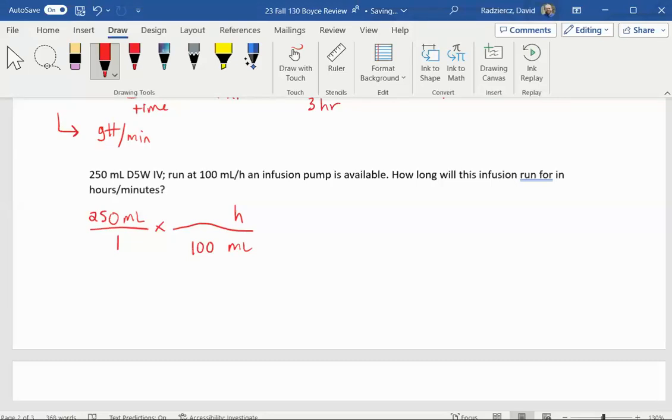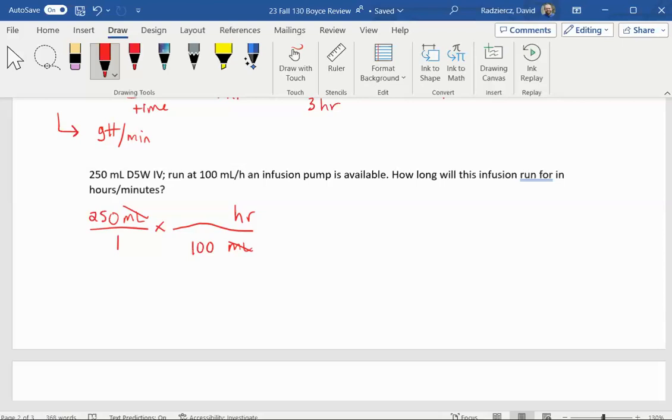And the reason I'm doing that is that way I can eliminate milliliters. For those of you doing ordered over available, you're doing the same thing, except you just put 250 over 100. And that's perfectly fine. As long as that number is 1, it'll always work out.